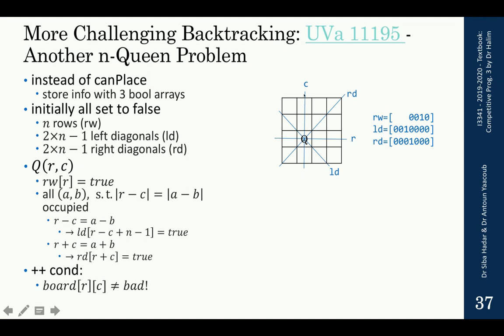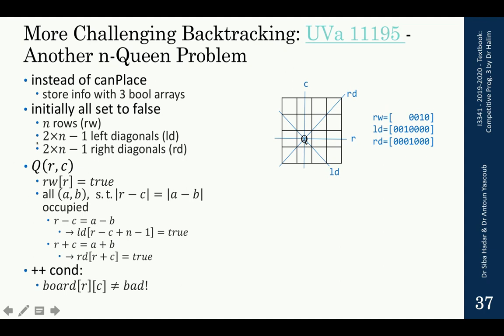This time we will also remember the diagonal numbers that were occupied. To do so, we will use three Boolean arrays: one for the rows, one for the right diagonals, and one for the left diagonals. Initially, all the arrays are set to false, so any queen can occupy any cell she wants. Then we have n rows, and we have 2n minus 1 left diagonals and 2n minus 1 right diagonals.